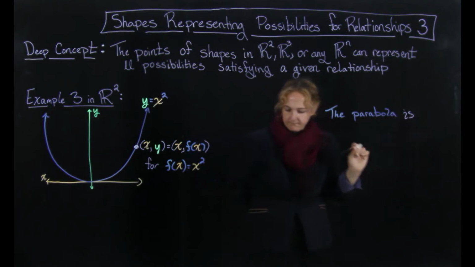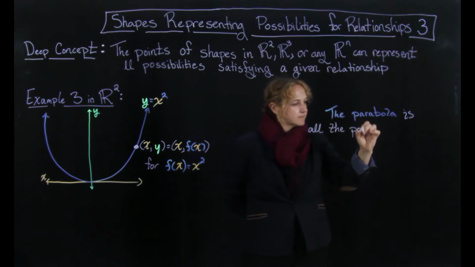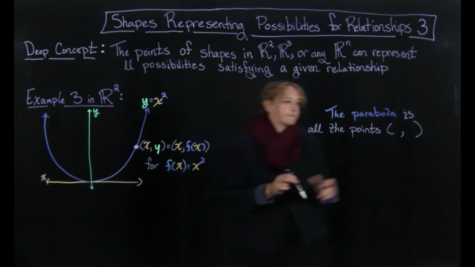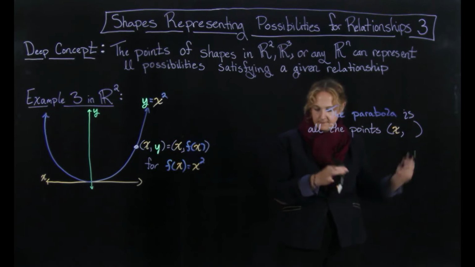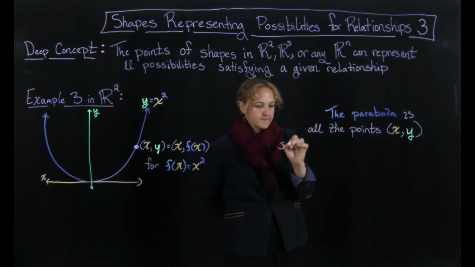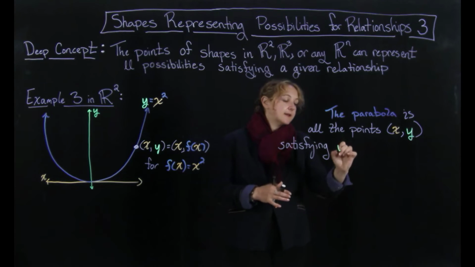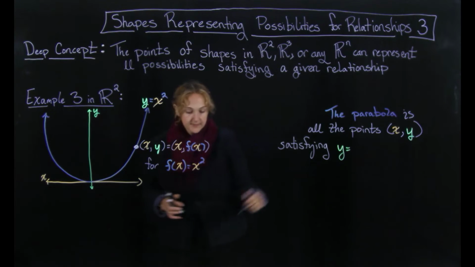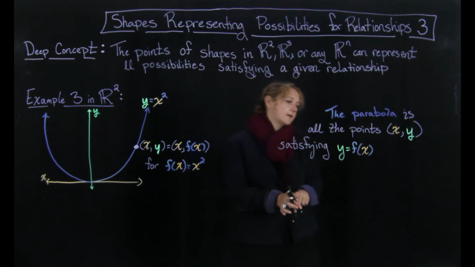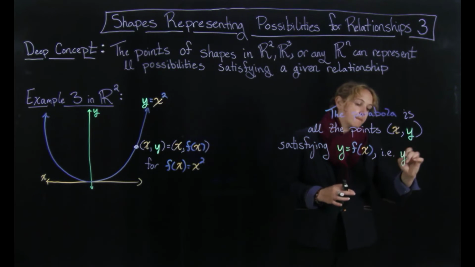It is all the points (x, y) satisfying that y is going to equal f of x, or in other words, y is going to equal x squared.